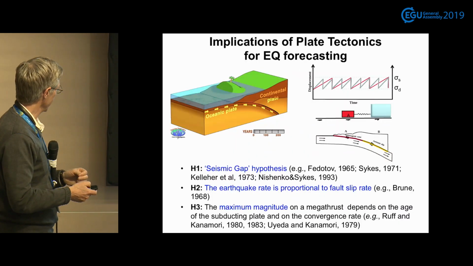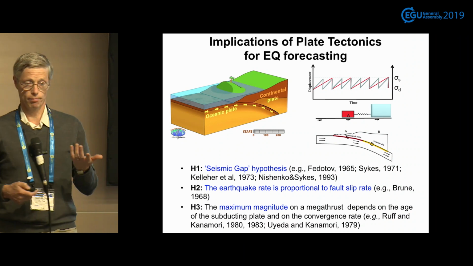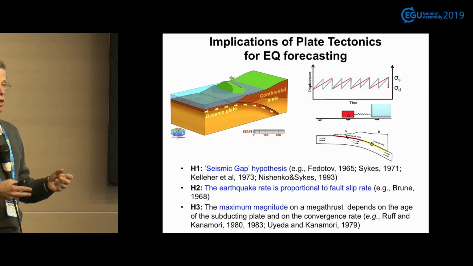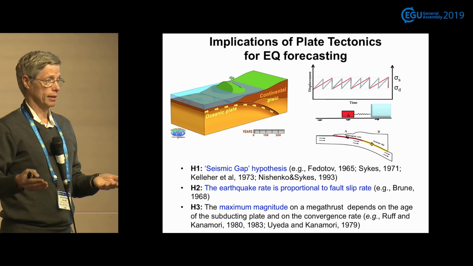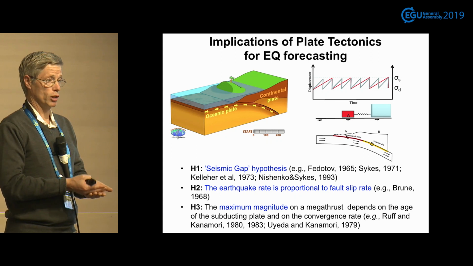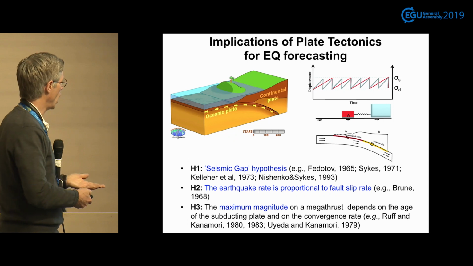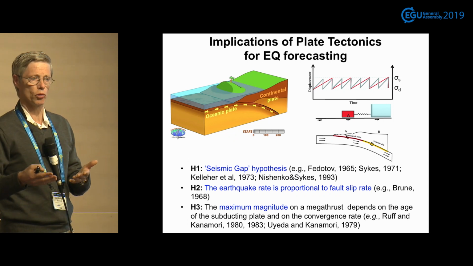The last point, which is actually more important, is that there was hope that we would be able to estimate the maximum magnitude that can happen at a particular plate boundary based on geological properties of that plate boundary. One idea is that the maximum magnitude should relate to the plate convergence.